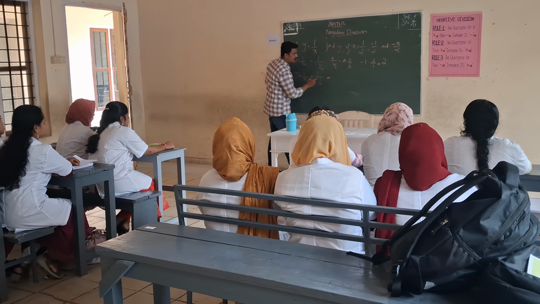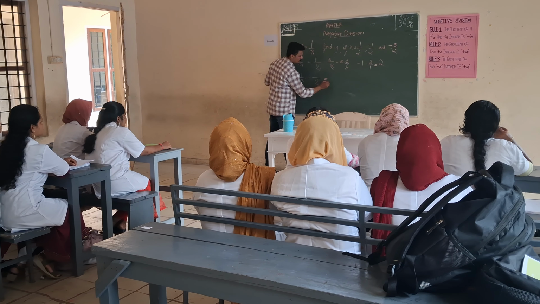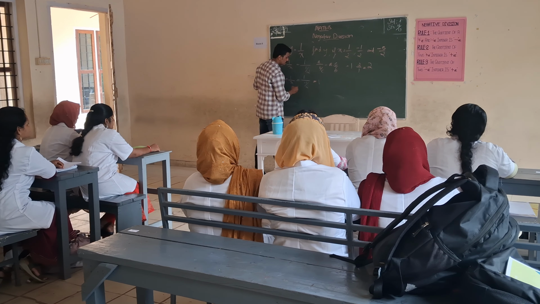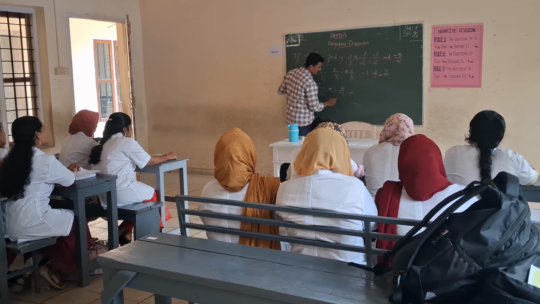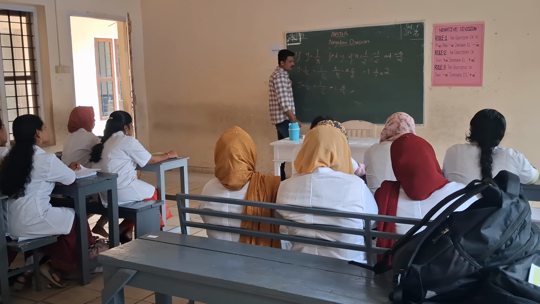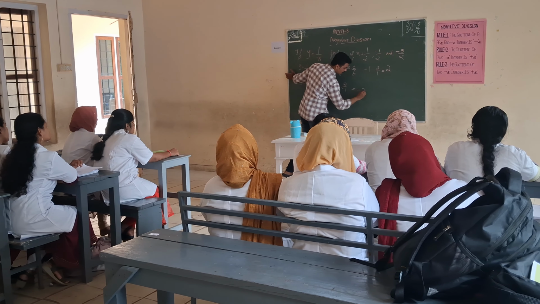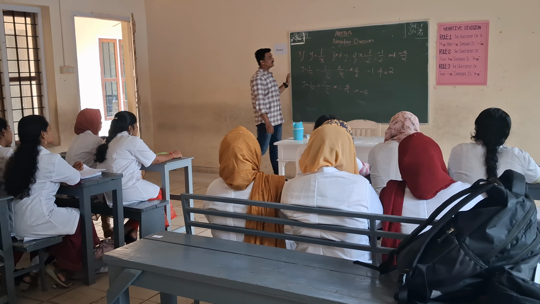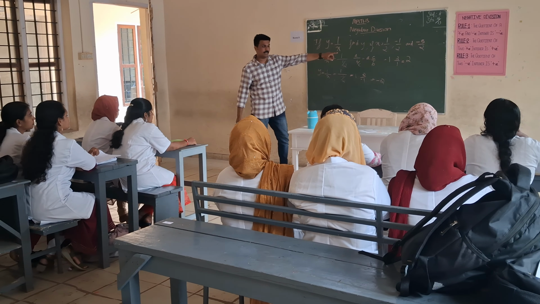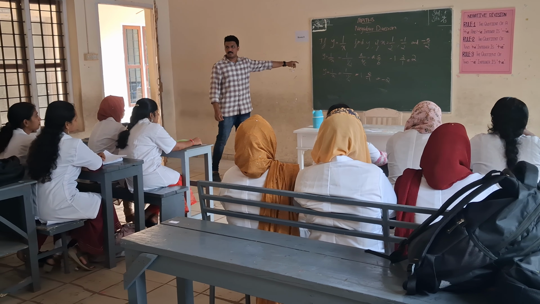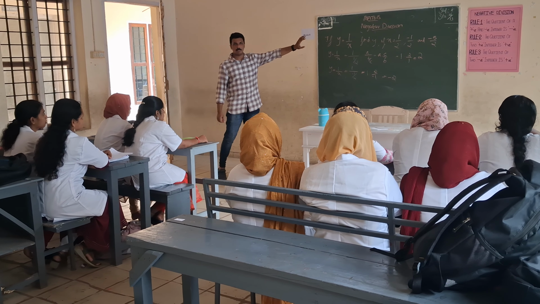Substituting the values, a is 1, b is minus 1, and c is 2. What's the answer? Minus 2. So the next question is to find y when the value of x is minus 5 by 2. You understood this, right? Then you can do that as a problem.